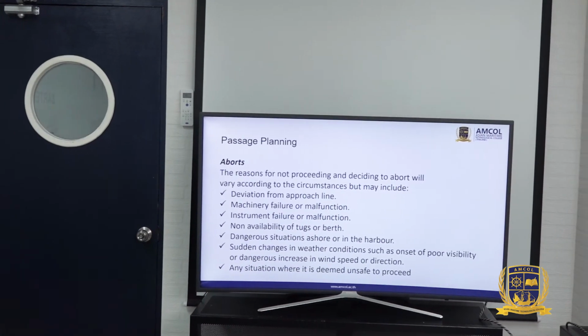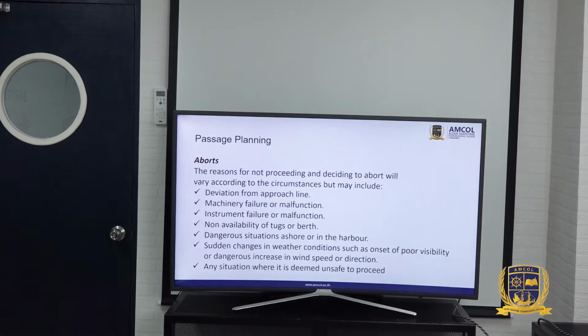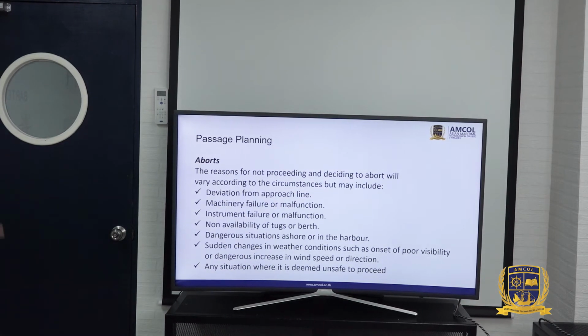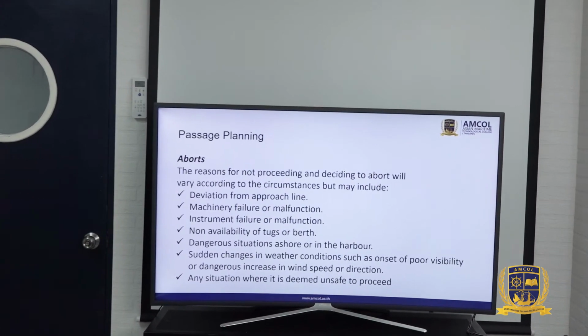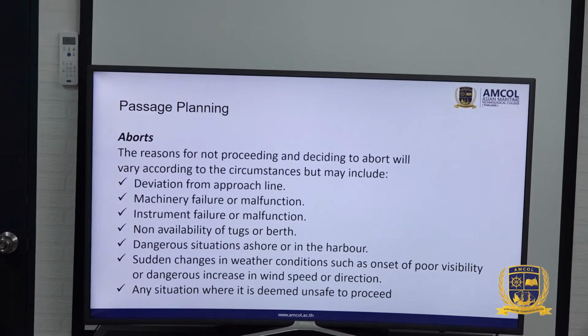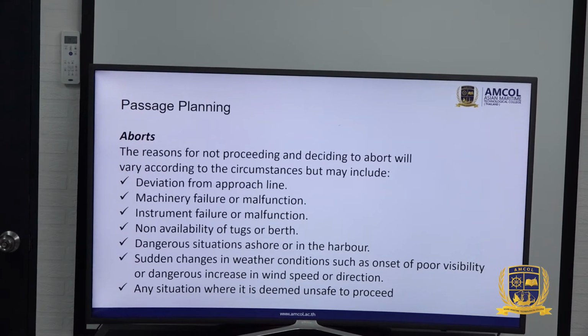What are the circumstances? Deviation from approach line, machinery failure, equipment failure, maybe your radar has failed, maybe your engine has failed, tugs are not available, dangerous situation ashore or in the harbor, sudden change in the weather conditions, or any other circumstances which may make the situation unsafe.